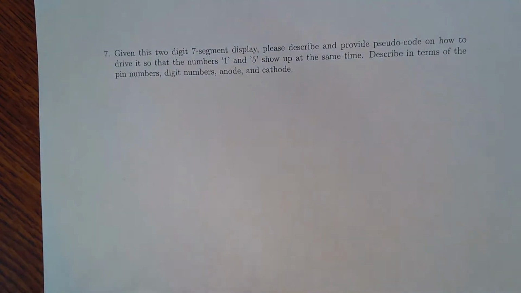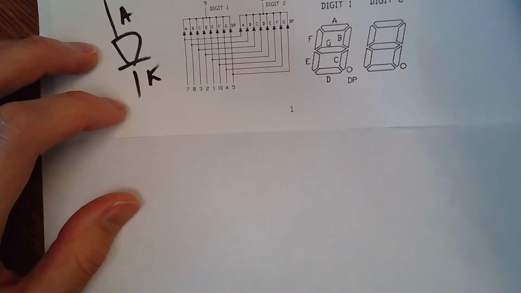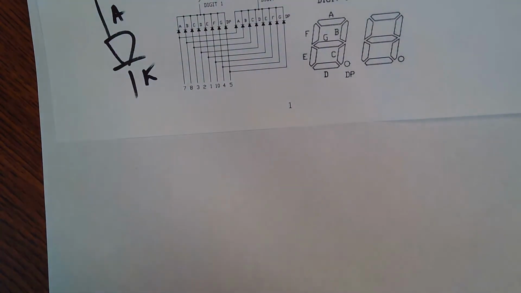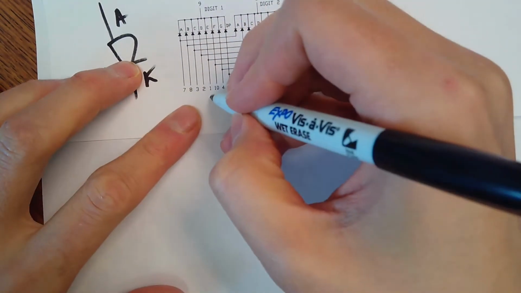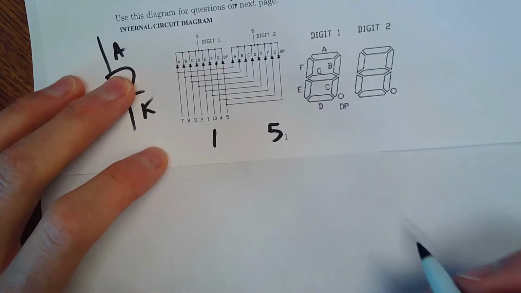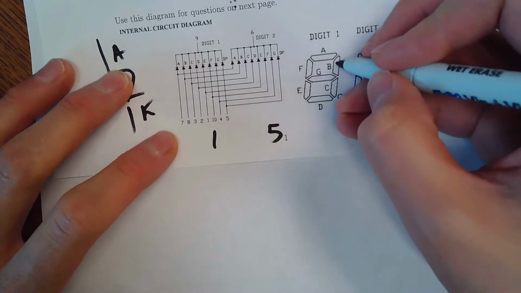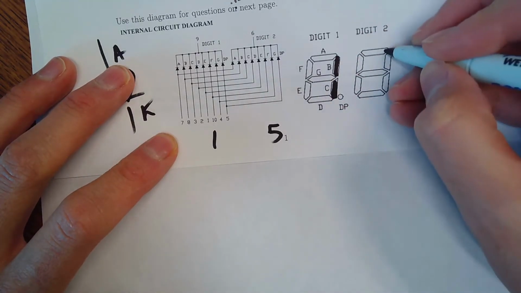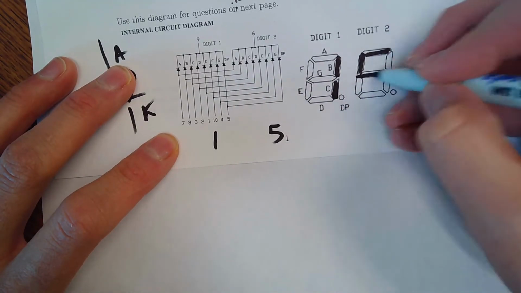Let's see. And then number 7, given this 2-digit 7-segment display, describe and provide pseudocode on how to drive it so that numbers 1 and 5 show up at the same time. So, how do we light number 1 and 5, right? 1 would be this, 5 would be this.